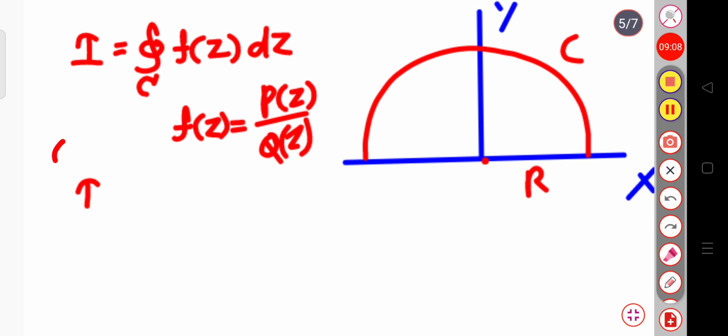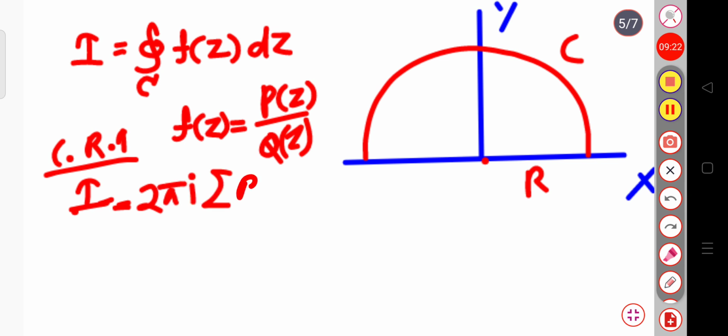So from Cauchy's residue theorem, you just try to write your Cauchy's residue theorem. We know this integration I will be equal to 2 pi i times the sum of the residues. Suppose I am writing Rk. What is this Rk? It means that Rk is the residue of the function f of z at some point zk.